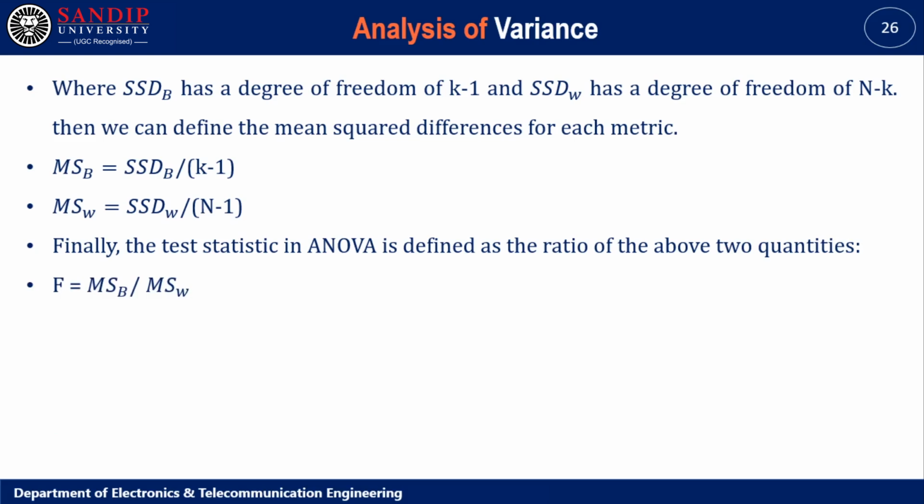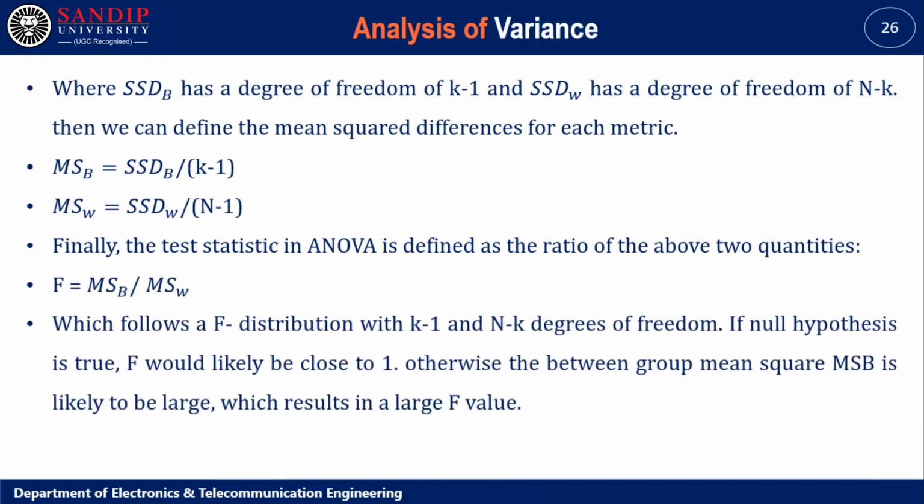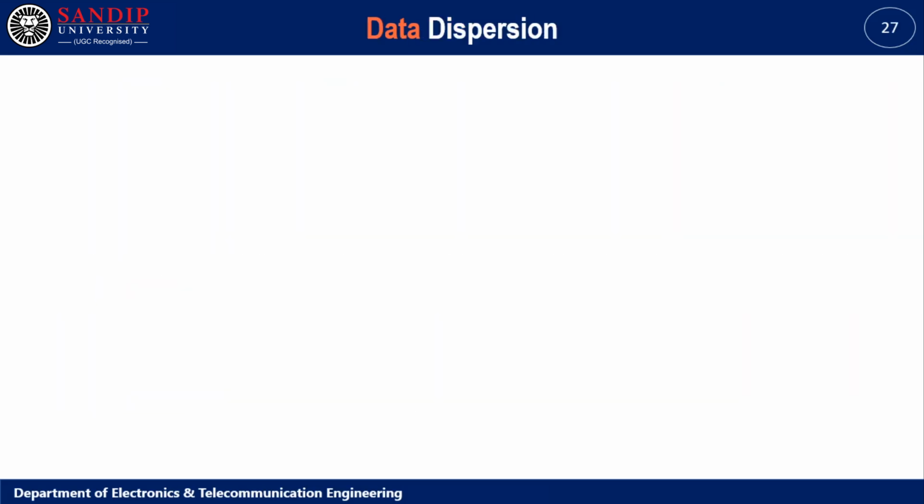That is F is equal to MS_B divided by MS_W, which follows an F distribution with k minus 1 and n minus k degrees of freedom. If the null hypothesis is true, F would likely be close to 1. Otherwise, the between groups mean square MS_B is likely to be large, which results in a large F value.